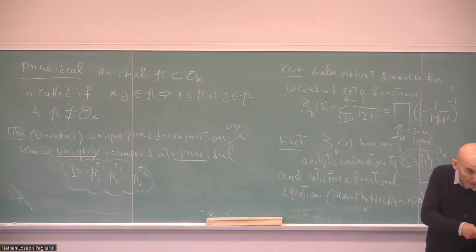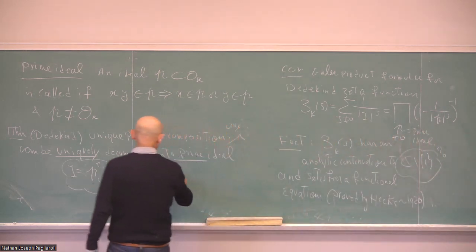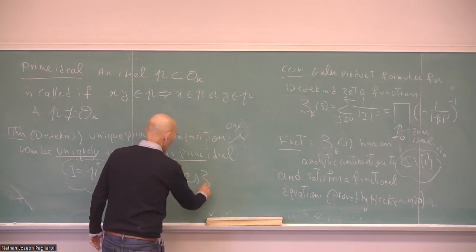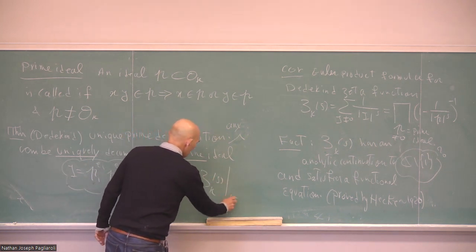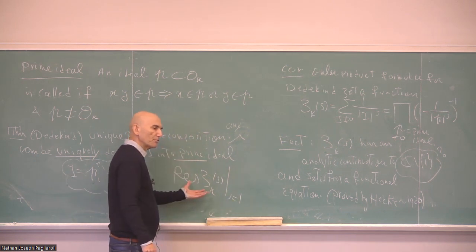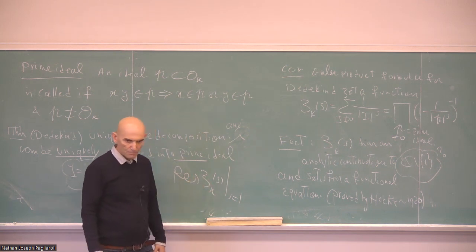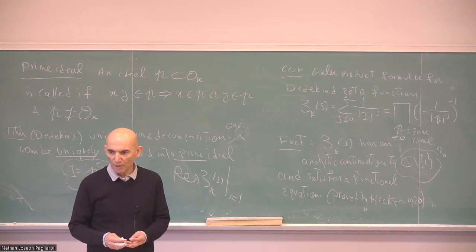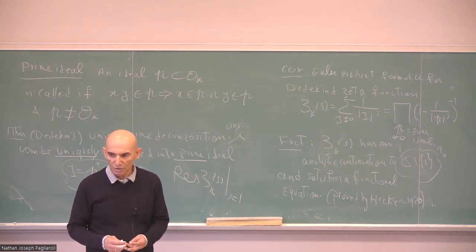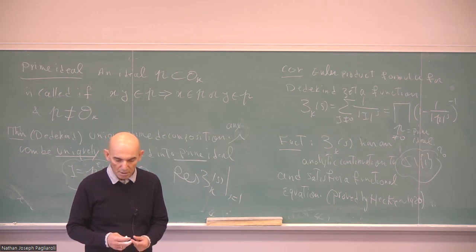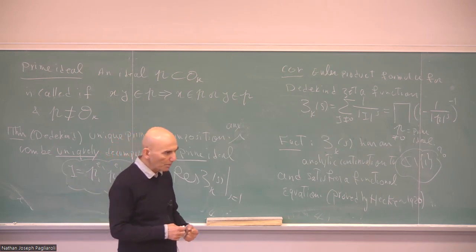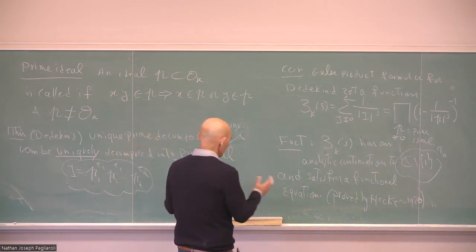In general, the residue of zeta K of s at s equal to 1 contains lots of information about the number field. There's a formula called the analytic class number formula, which contains the regulator, the class number, the discriminant, the number of real and complex embeddings; a lot of things are packed in.